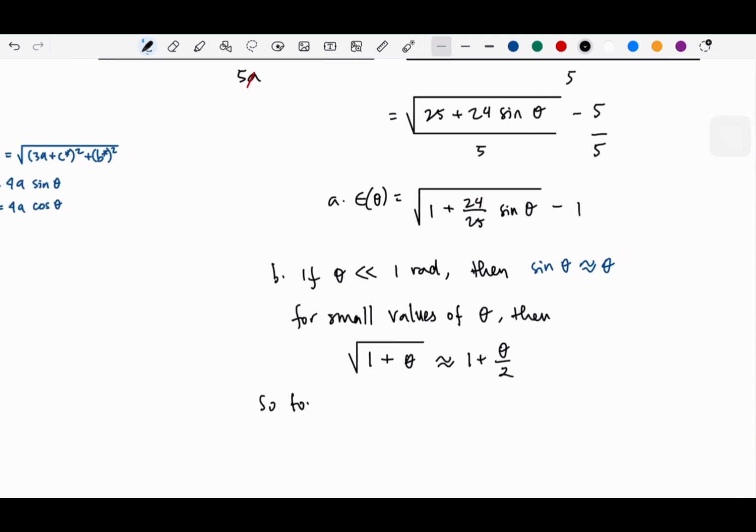So for theta less than 1, the epsilon will be equal to, so 24 divided by 2 is 12, so 12 over 25 theta.